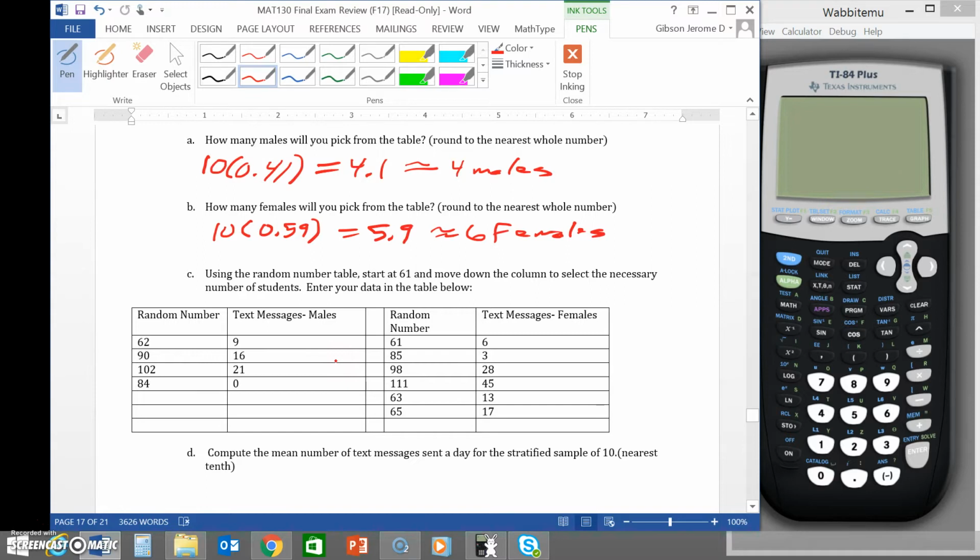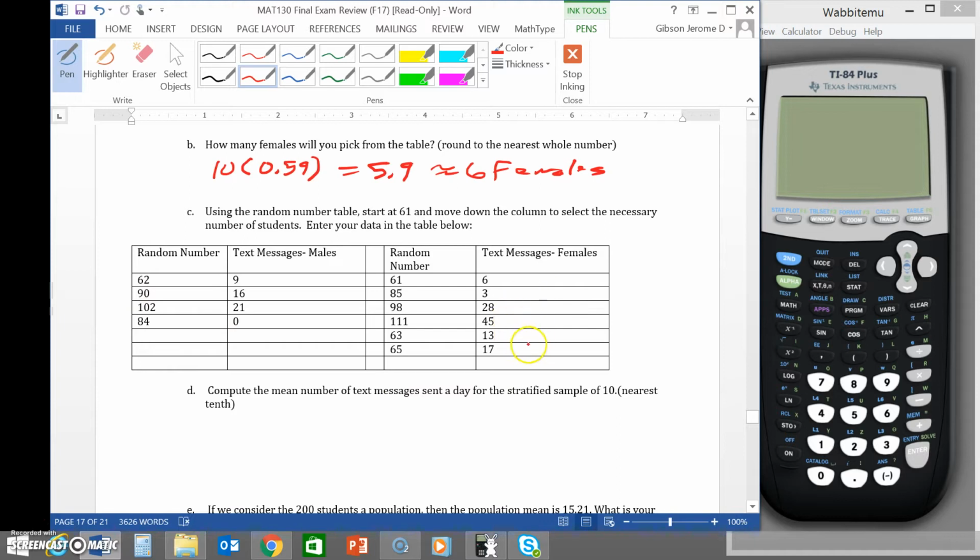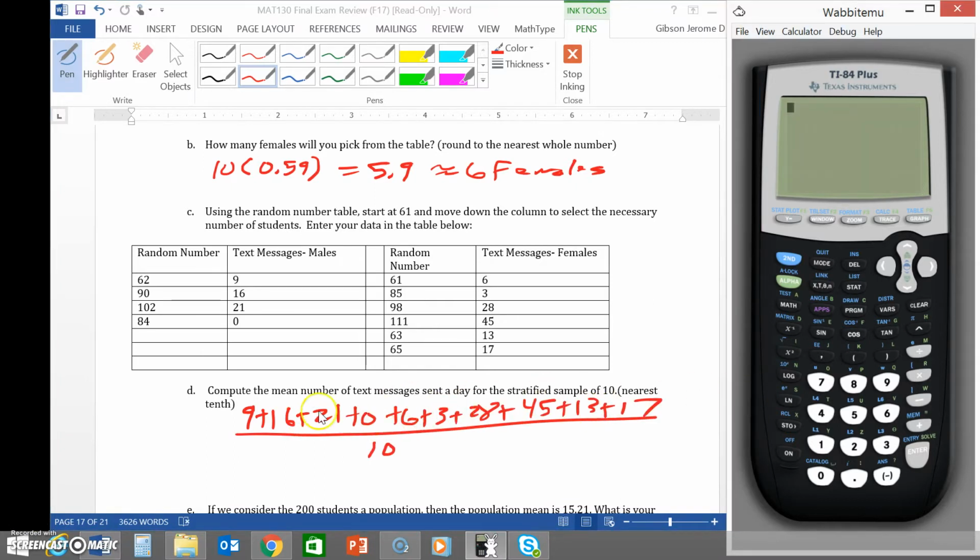Okay, now, for D, it says compute the mean number of text messages sent a day for the stratified sample of 10. Now, we have 4 values for the males, 6 values for the females. So what we would do is add up all of the text messages that were sent, which would be 9, 16, 21. I just put all the rest off camera.